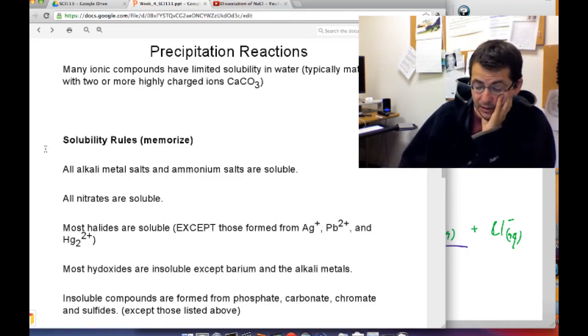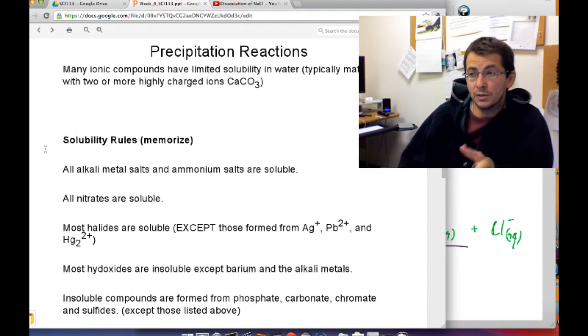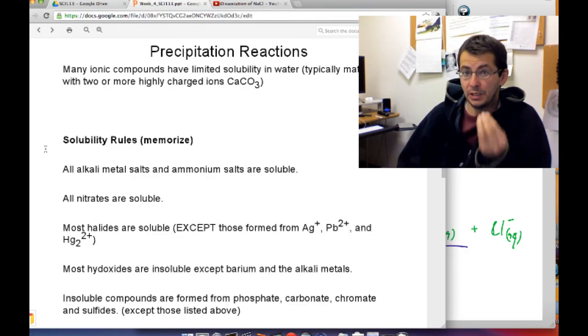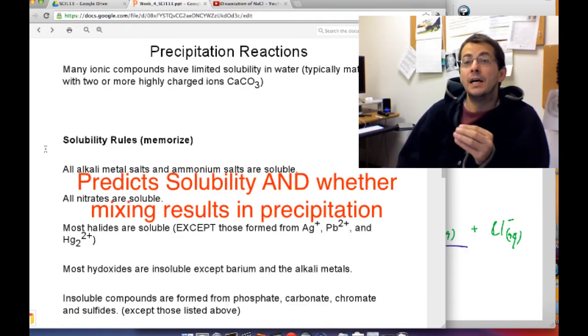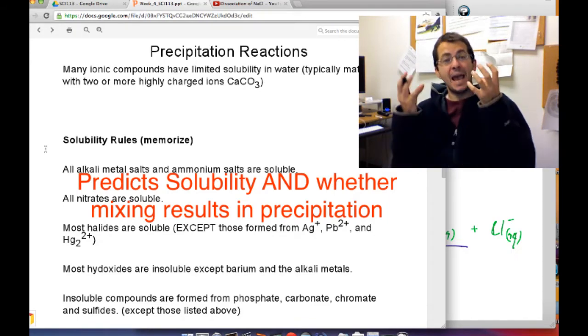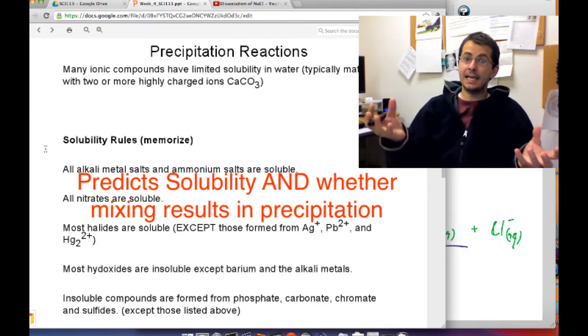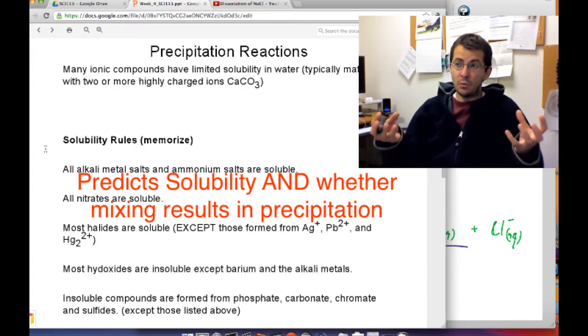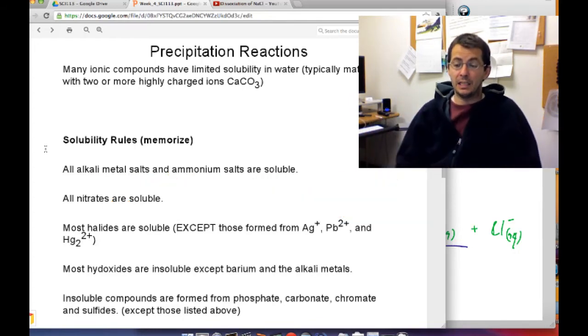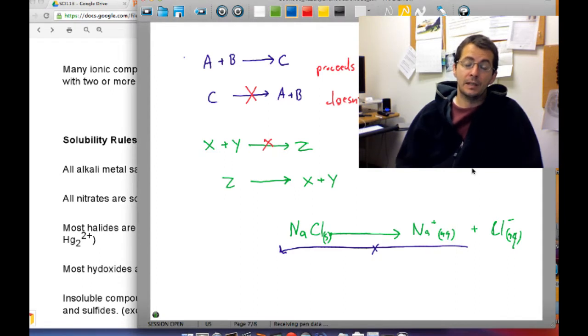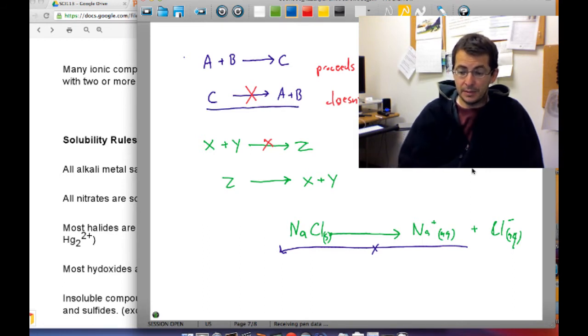Now, it turns out that we can use a number of very simple rules to look at an individual compound and predict whether it's going to be soluble. Additionally, we can look at pairs of ions, positive ions and negative ions, and predict whether they will combine together to form an insoluble salt. Again, if the compound is not soluble, doesn't precipitate, that means that if you were to mix its individual ions, it might precipitate.